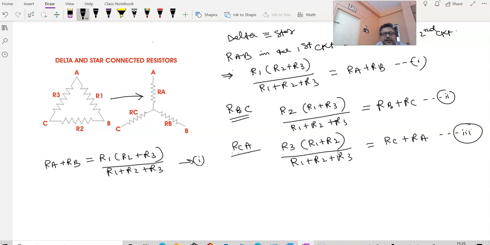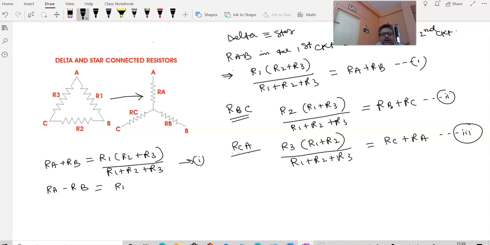This I am rewriting here, and then you subtract to get RA minus RB. What can I do? Subtract 2 from 3. So 3 minus 2, RA minus RB: you can see the denominator is the same, numerator R2 R3 gets cancelled. So what is left over there?